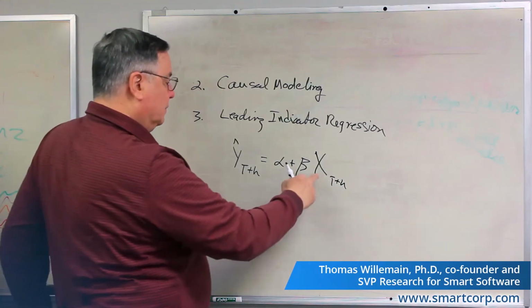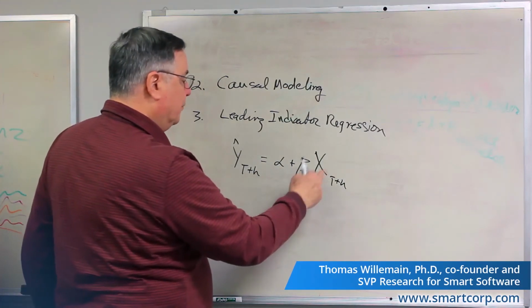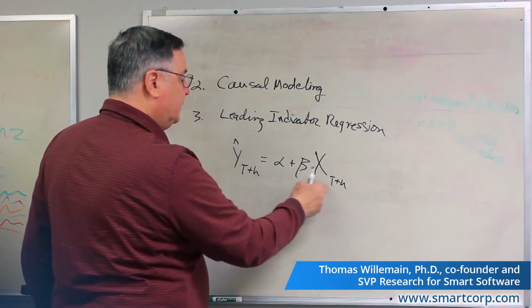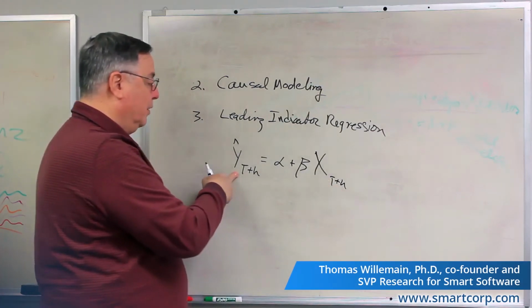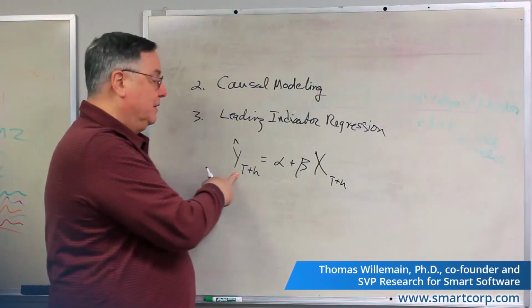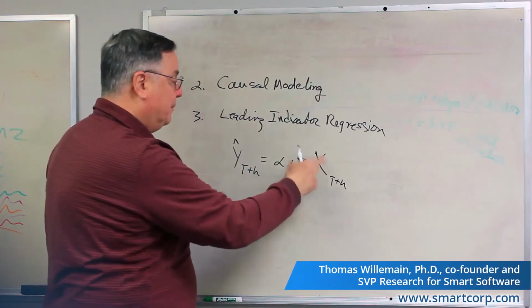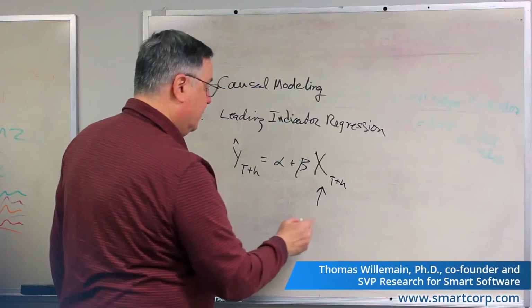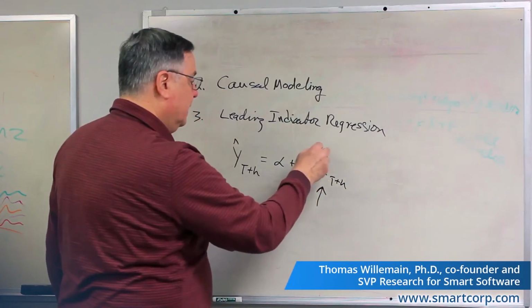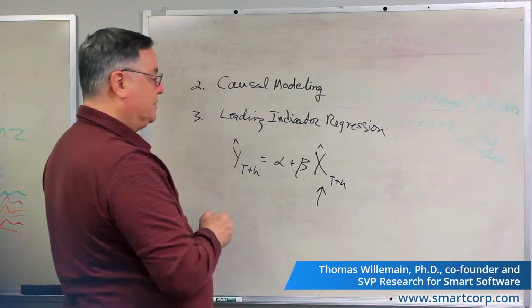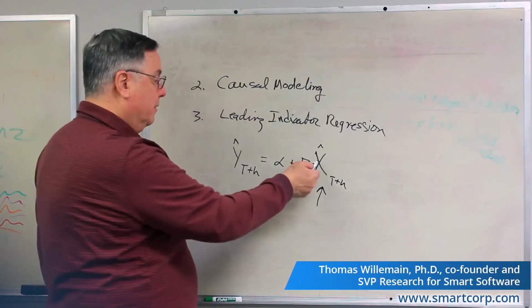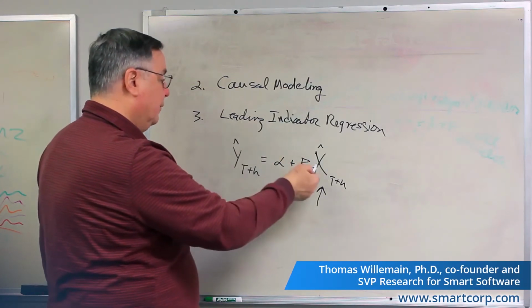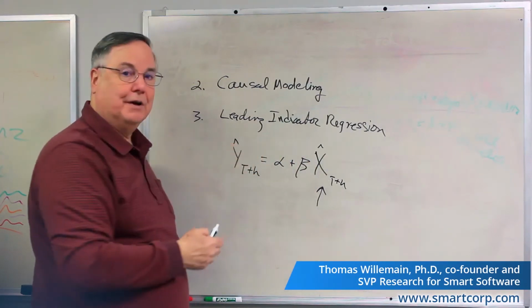And so we have a separate problem. We don't know x at t plus h any more than we know y at t plus h. So we'd have to have a separate equation to predict this. So there would be a separate equation predicting x, and whatever that forecast was would be the predictor variable. So this forecast predicts that forecast.